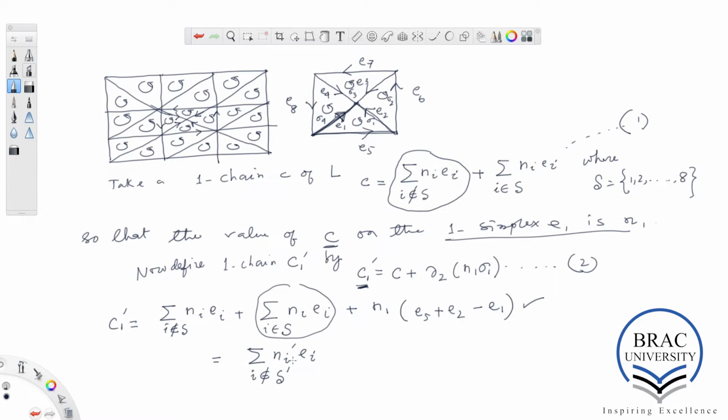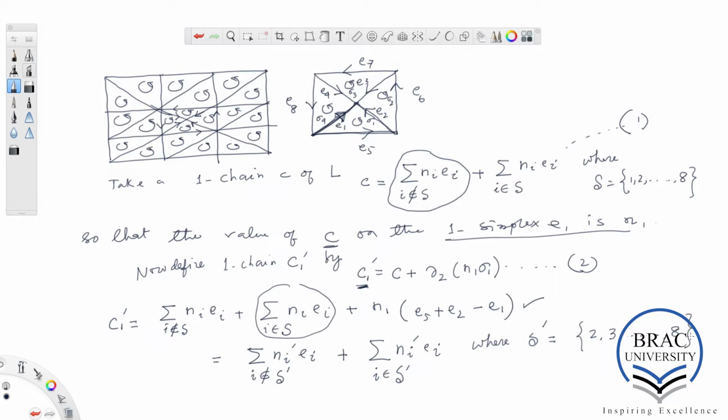Here S prime is a new set, plus sum of all the expressions like Ni prime Ei, where I is in the set S prime, where S prime is a new set that we get from S by excluding 1. So it starts from 2, so there are 7 integers here: 2, 3, 4, 5, 6, 7, and 8.